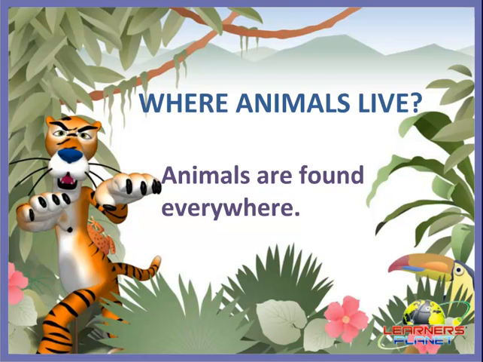So now we will first study about the animals and where they live. So children, where do animals live? Yes, animals are found almost everywhere. For example, animals are found in the plains.